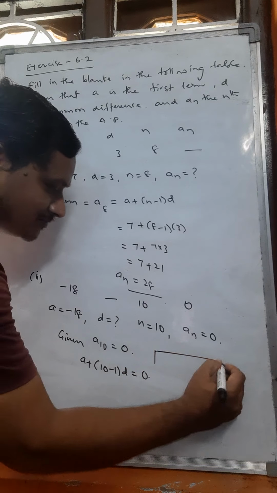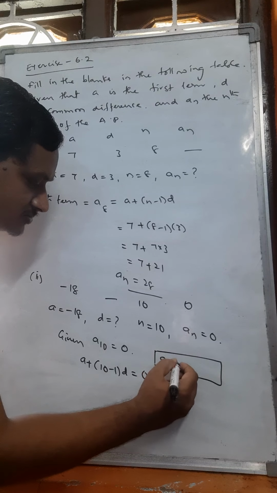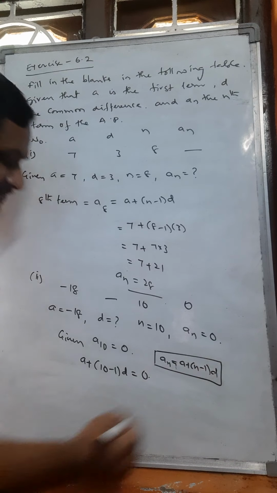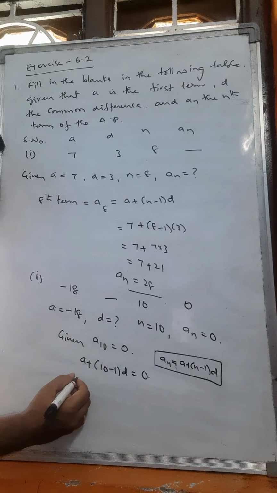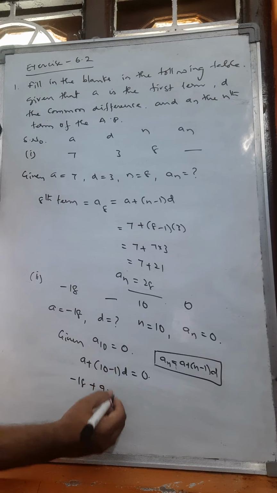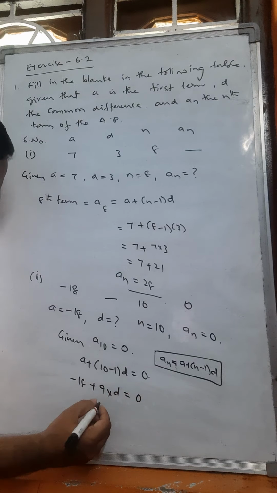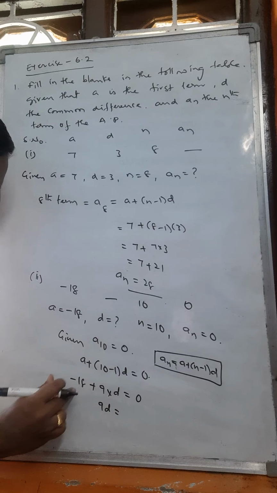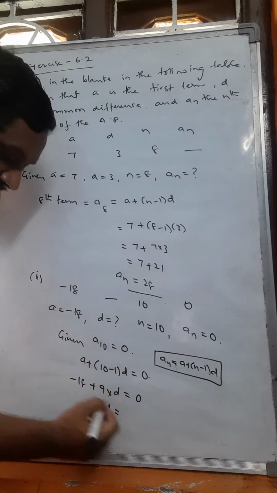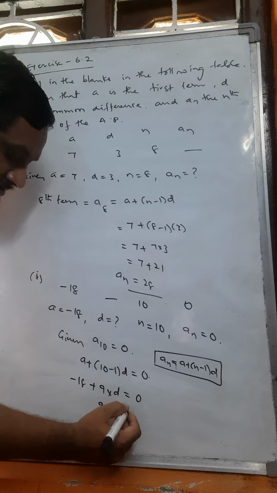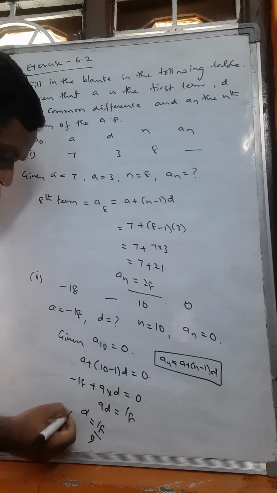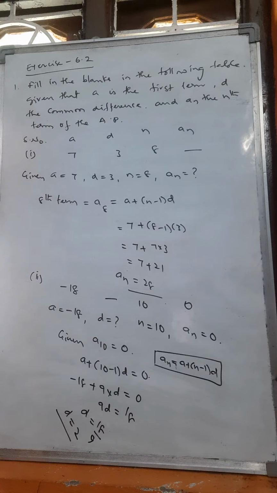We use the formula AN is equal to A plus N minus 1 into D. So minus 18 plus 9 into D is equal to 0. So 9D is equal to minus 18. Transferring from left side to right side, minus 18 becomes plus 18. D is equal to 18 by 9. D is equal to 2.